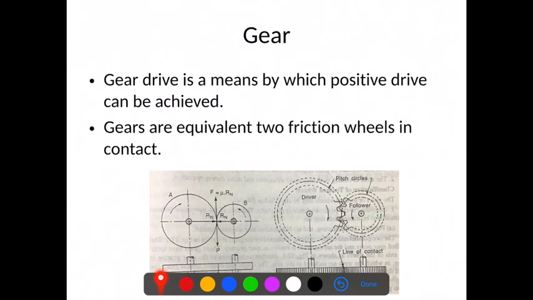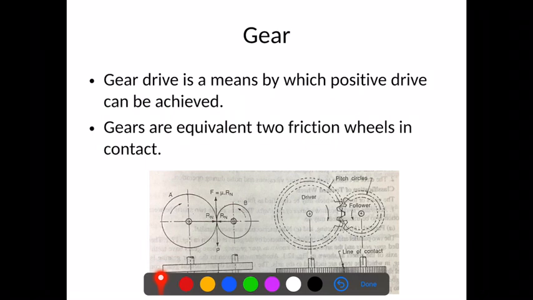So when wheel A rotates, suppose in clockwise direction, obviously wheel B will also start rotating in anti-clockwise direction. So motion will be opposite.